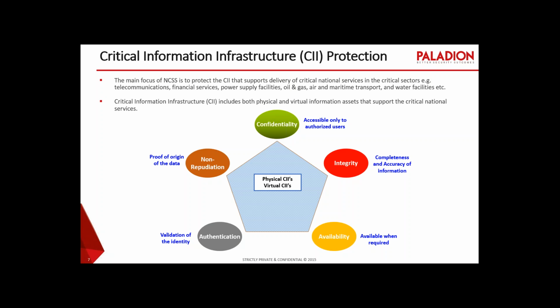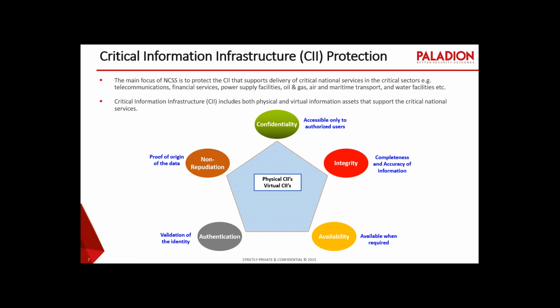And what NESA focuses on in terms of information security or cybersecurity is securing the confidentiality of these information assets, then securing the integrity of these information assets, ensuring that these information assets are available when required, and ensuring that the communications happening on the national cyberspace are well authenticated, and nobody can deny the origin of data once a communication has happened.